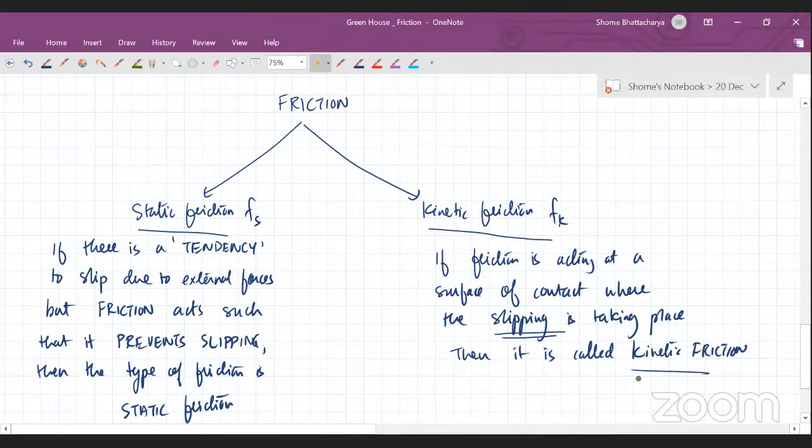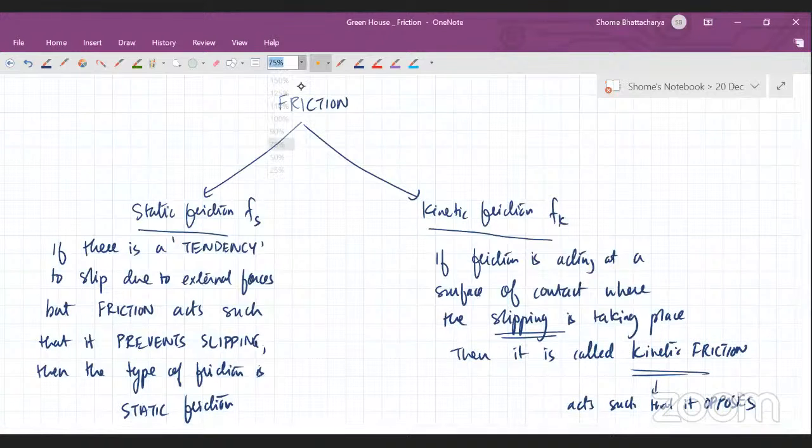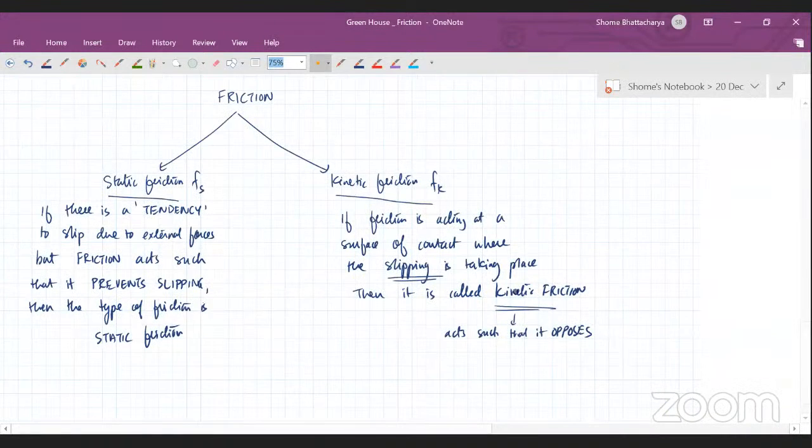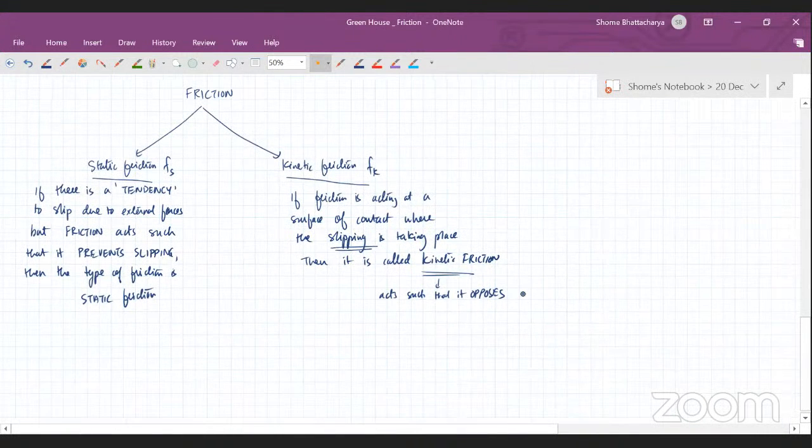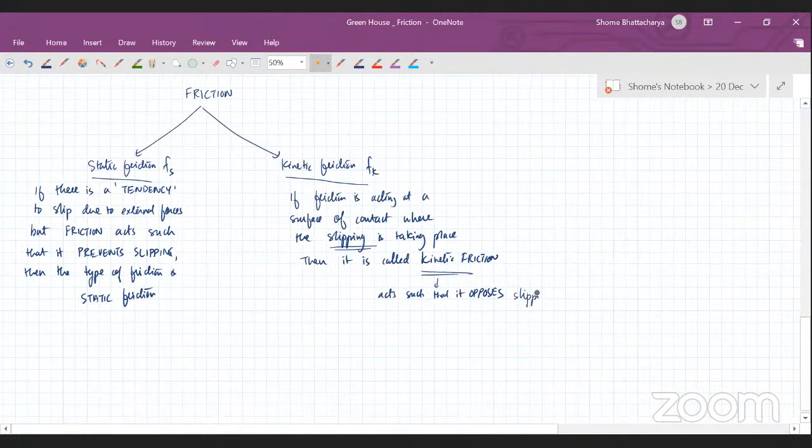Kinetic friction will also act such that it opposes the slipping, but it is not able to prevent the slipping altogether. That is the difference. Now, how much is the static friction? How much is the kinetic friction? We'll come to that. We'll discuss about that.